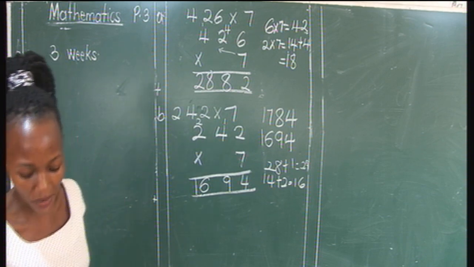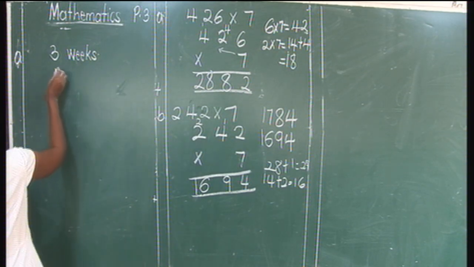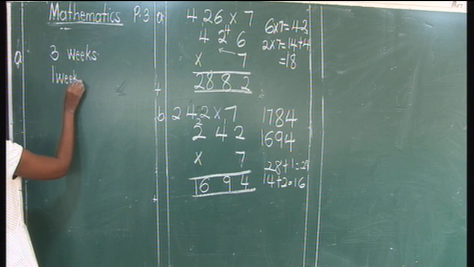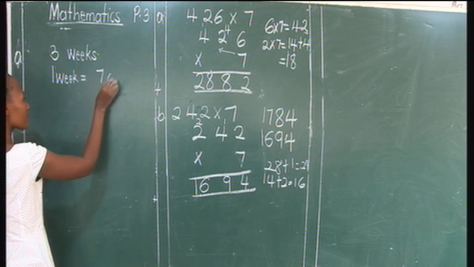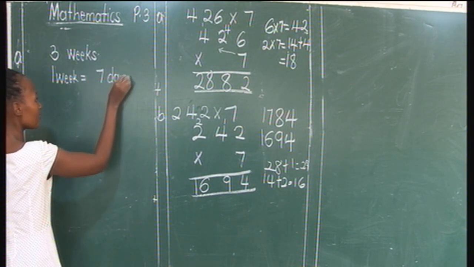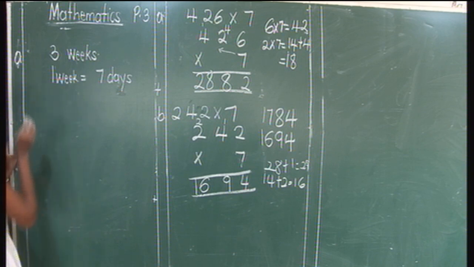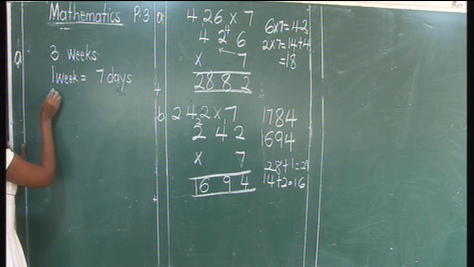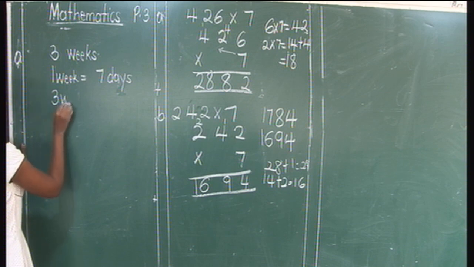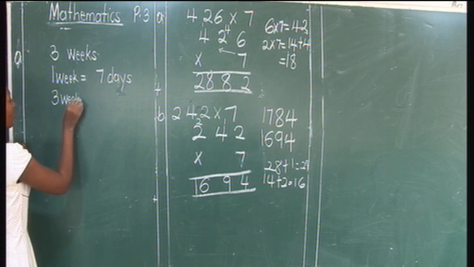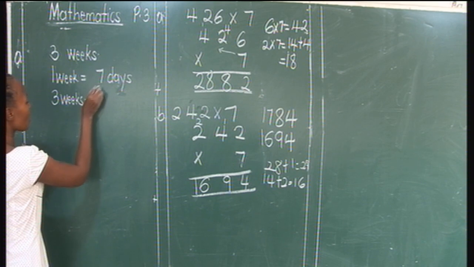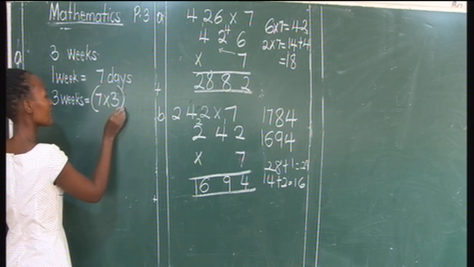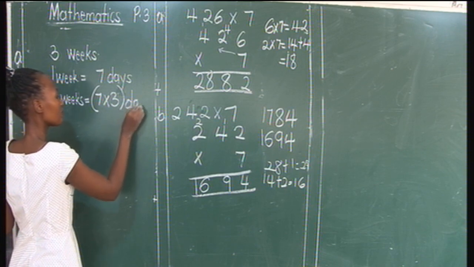We shall first say 1 week, because we all know that 1 week is equal to 7 days. Now, how many days will be in 3 weeks? We are going to first say that 3 weeks will equal to, we shall open our bracket, the 7 days times the 3. The answer we get will be in days.